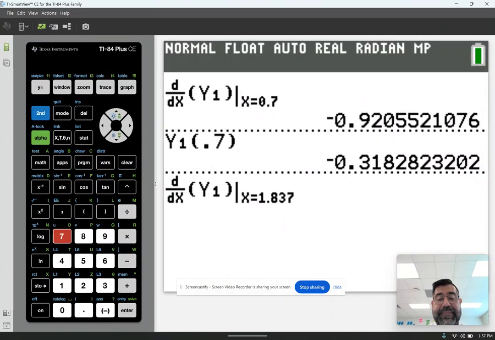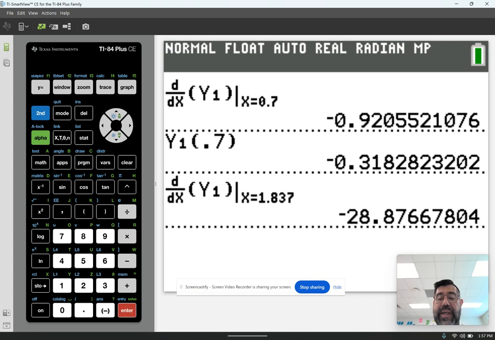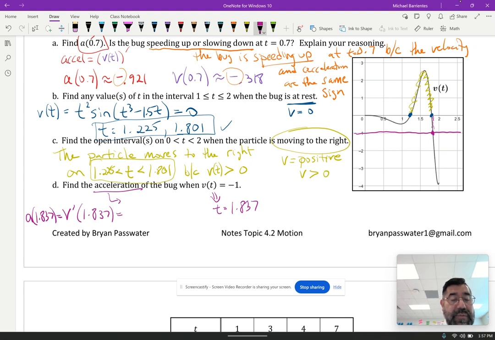Press enter, and you get negative 28.877.